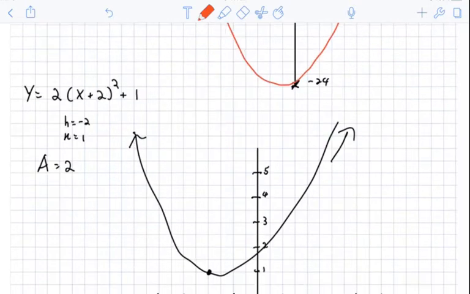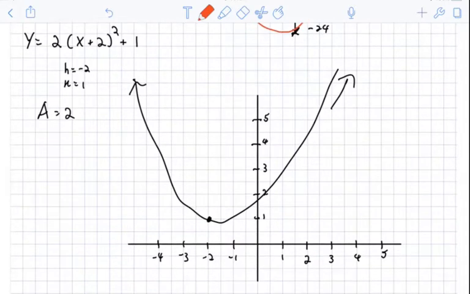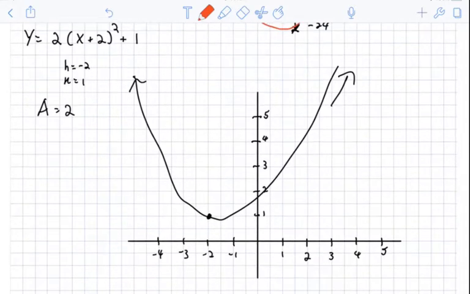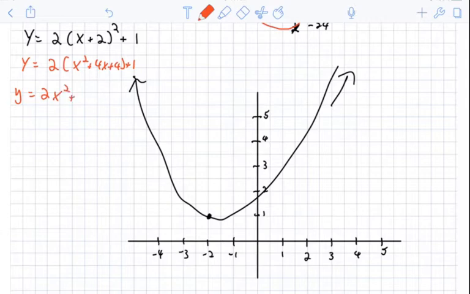What about this crummy one? Already, you know where this 1 point is. Let's expand this out. To x squared plus 4x plus 4 plus 1. 2x squared plus 8x plus 8 plus 1. Oh, gross. I haven't made a single polynomial here that I can graph nicely.